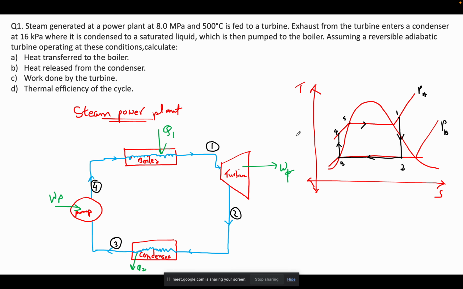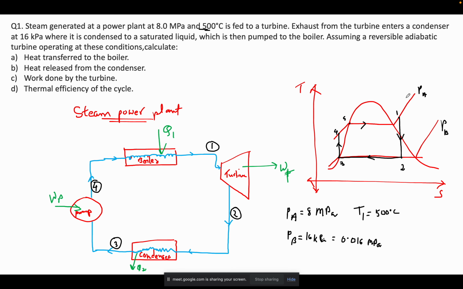Now in our case, our pressure PA is given as 8 megapascal, and our pressure PB is given as 16 kilopascal, which we can write as 0.016 megapascal, because the steam table I am using has all pressures written in megapascal. We also know the steam temperature, T1, is 500 degrees Celsius.